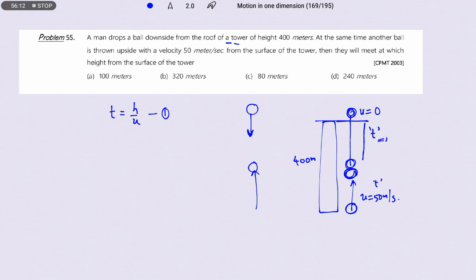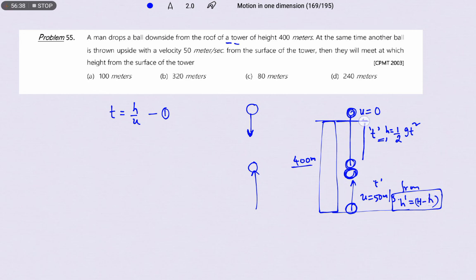So if they are asking the height from the surface of the tower, we can write half g t square, where the height of the tower is capital H. Therefore if they are asking from the ground, the height will be capital H minus small h. So this is the way of finding the height where the two bodies will meet.